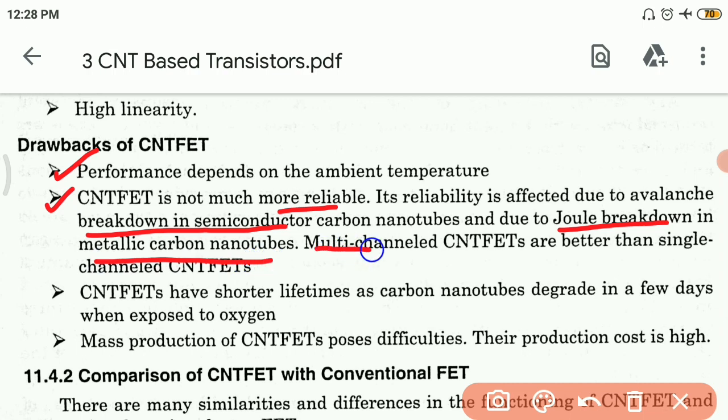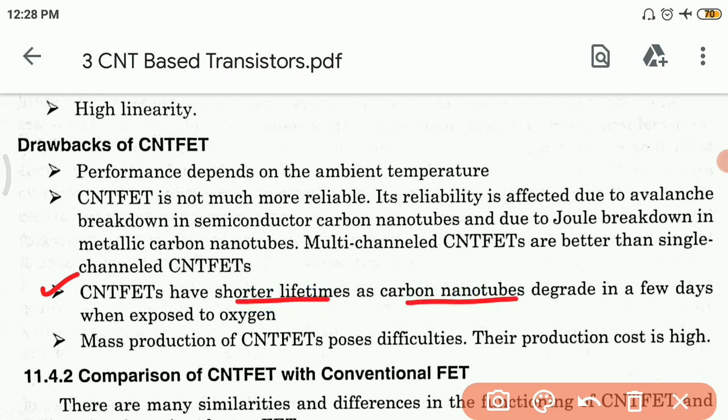And multi-channeled CNT FETs are better than the single channeled CNT FETs. Then next point, the CNT FETs are having shorter lifetime as carbon nanotubes degrade in a few days when exposed to oxygen, and mass production in case of your CNT FET will pose difficulties because their production cost is very high.